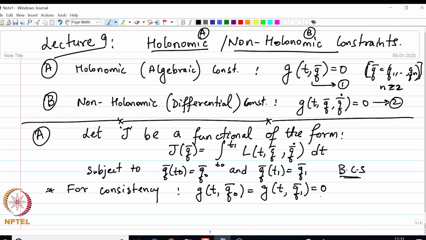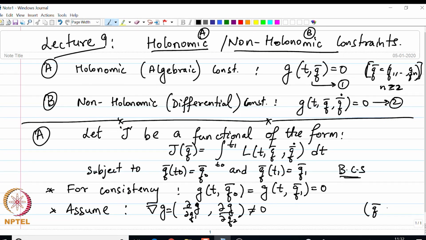And also we assume we are dealing with normal problems. We assume that grad of g, which is given by del g del q1, comma del g del q2 (here we are dealing with two variable problems, in R2), is non-zero. For higher orders, there will be more components in this expression.